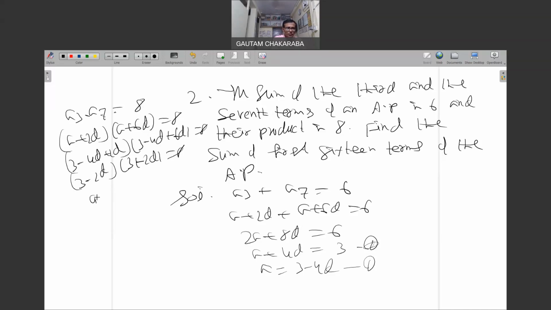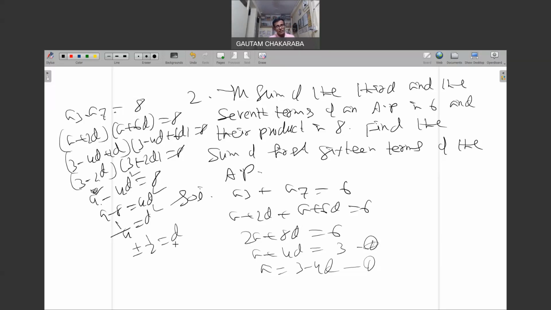This is (a minus b)(a plus b), a square minus b square, so 3 square minus 2D square, 9 minus 4D square. Now 9 minus 8 is equal to 4D square. So 1 by 4 is equal to D square. So D is equal to plus or minus 1 by 2.